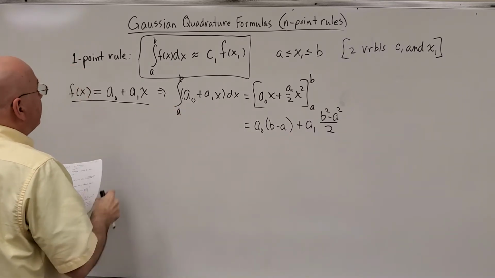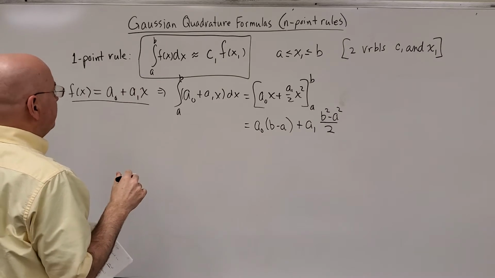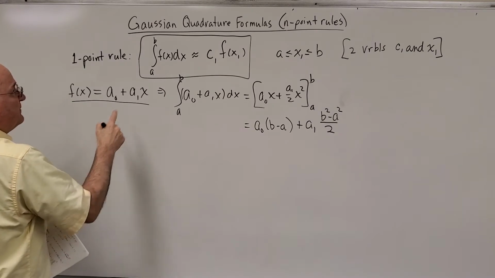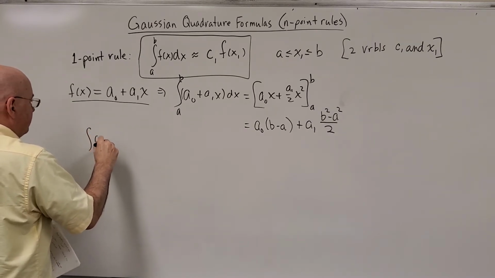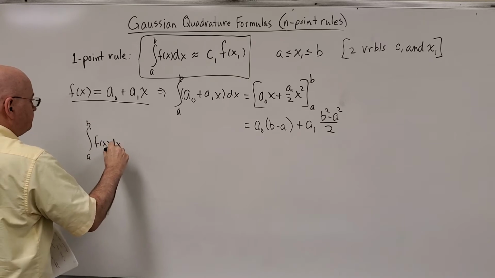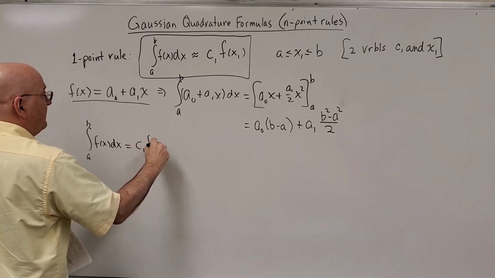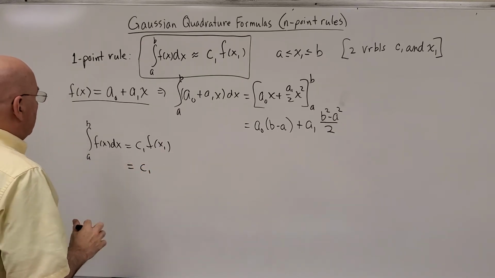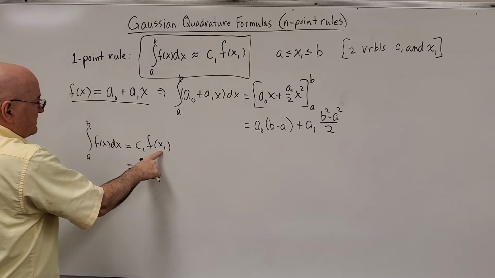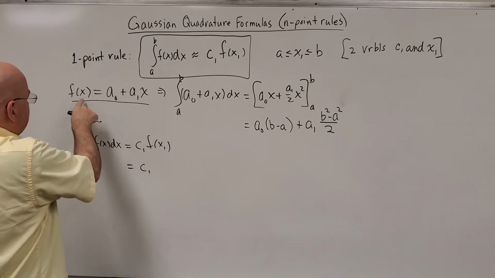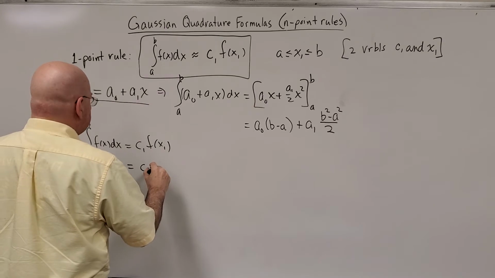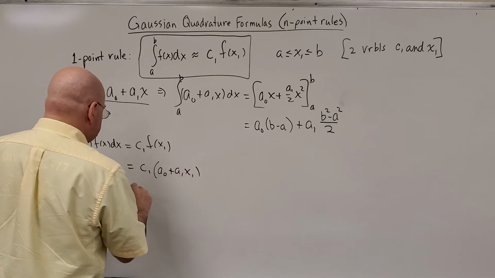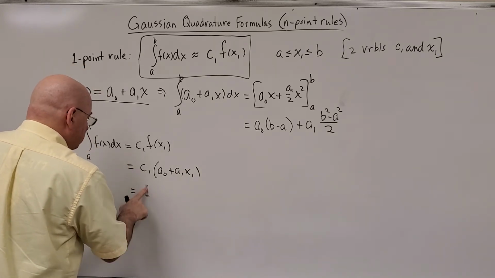Now, from this Gaussian one-point formula, I know that the integral of f of x, let me write it down again, from a to b, we want that to be c1 f of x1. We're going to choose our x1 between a and b, but f of x1 just gives us a0 plus a1 x1.